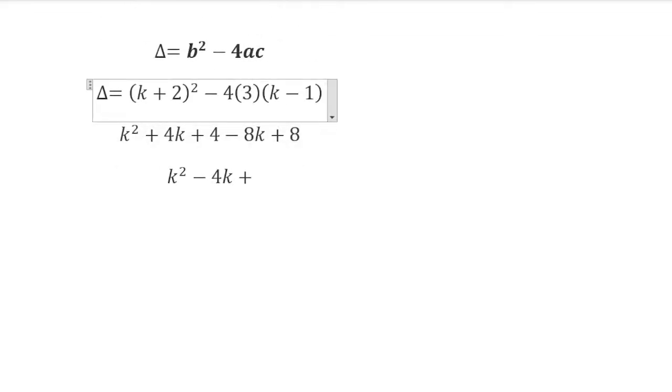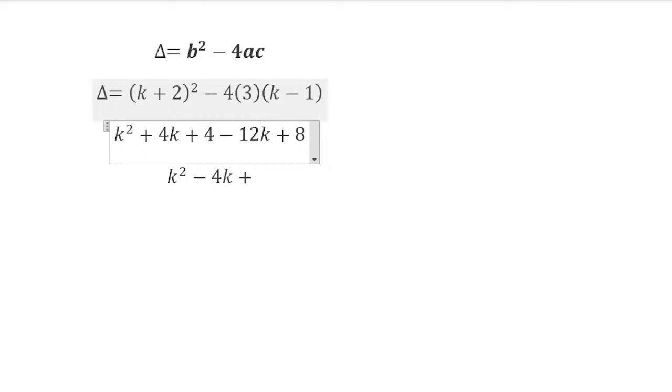So here we'll have negative 12k, then negative 12 times positive 1, that will be positive 12.